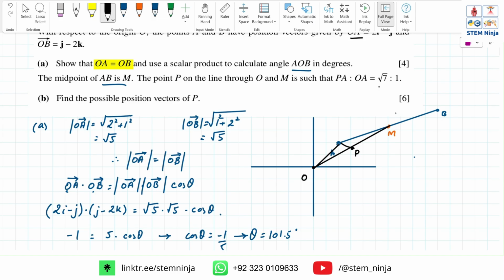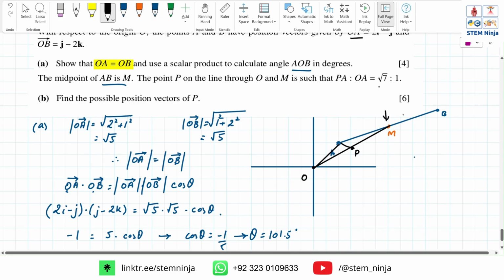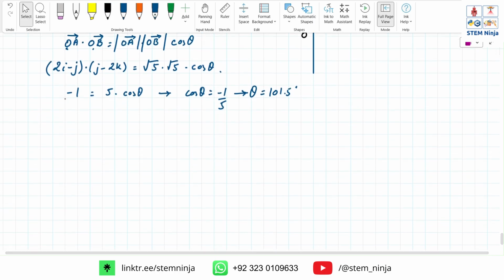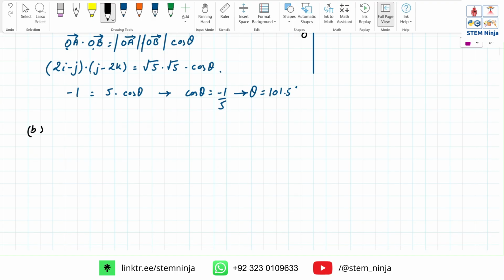So first off, we need to know where M is. They said it's the midpoint of AB.